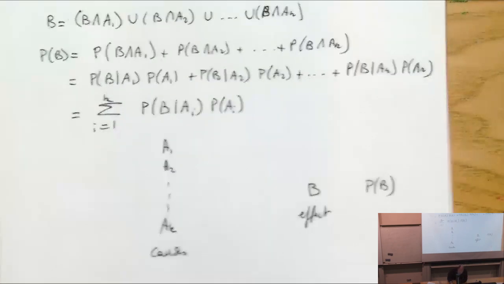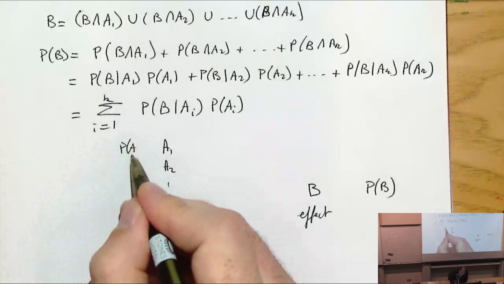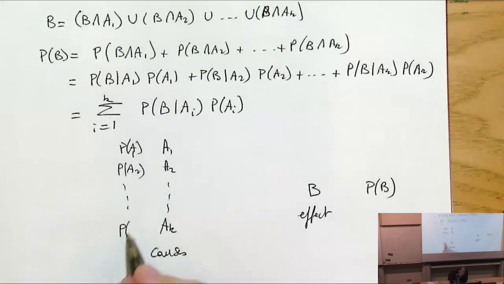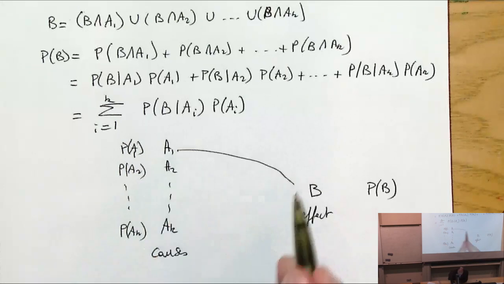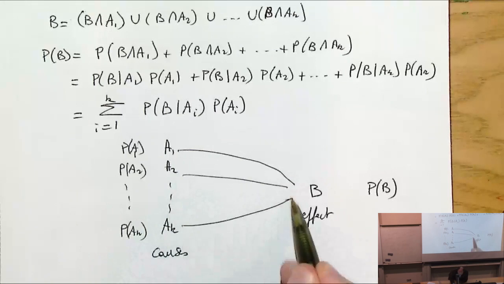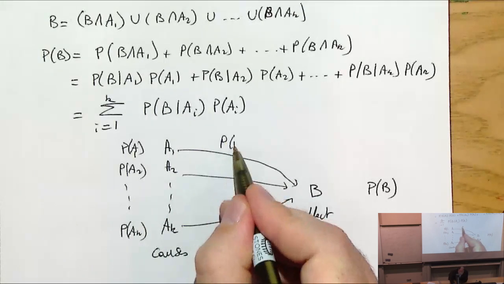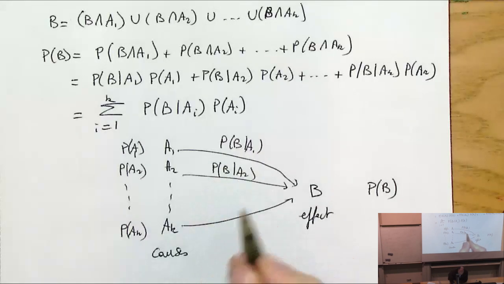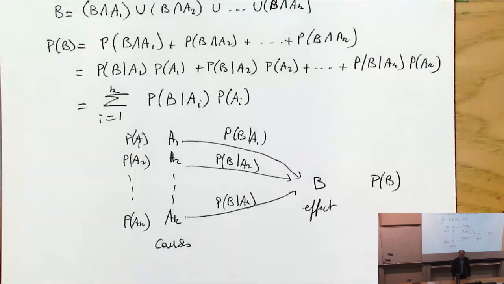And how can you write this? It's going to be the probability of each of them, all the way to P of AK, multiplied every time by their conditional probability. Okay? Does that make sense?